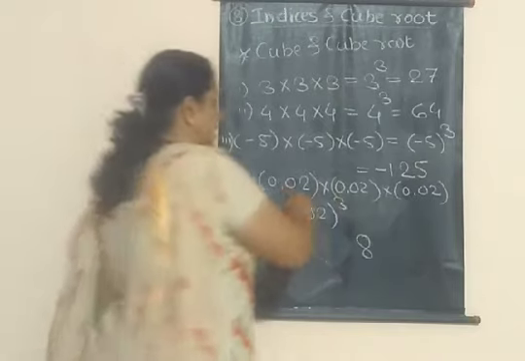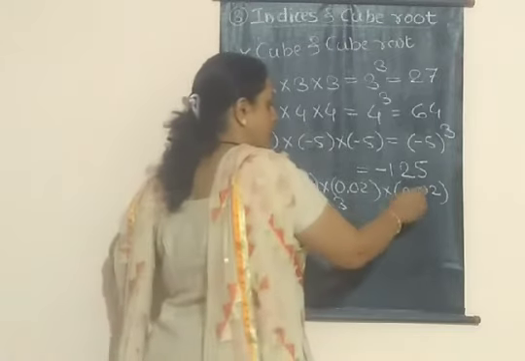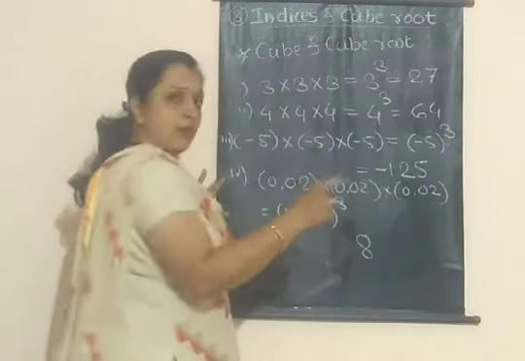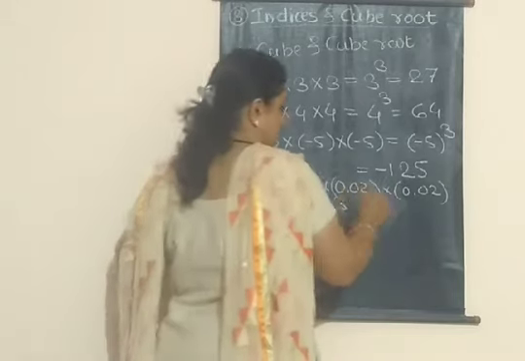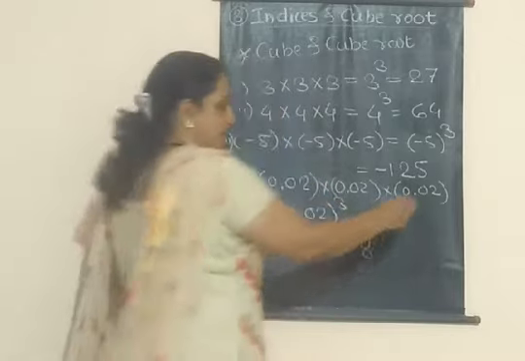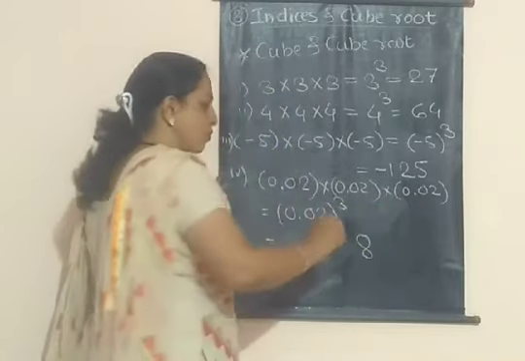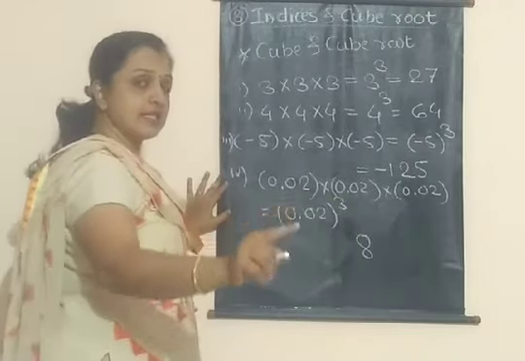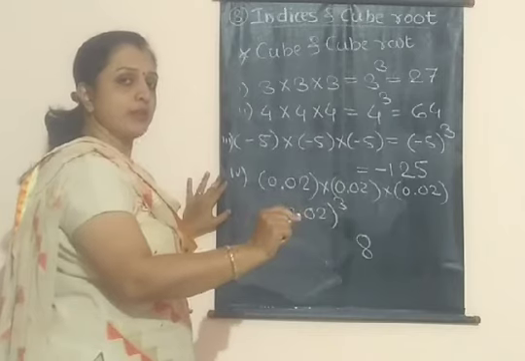If we take the product of such decimal numbers, then we have to count the number of digits after the decimal point. How many digits are there? 1, 2 after the decimal point. Let us count it. 1, 2, 3, 4, 5, 6. So we have to leave 6 digits from the right hand side, and then give the decimal point.